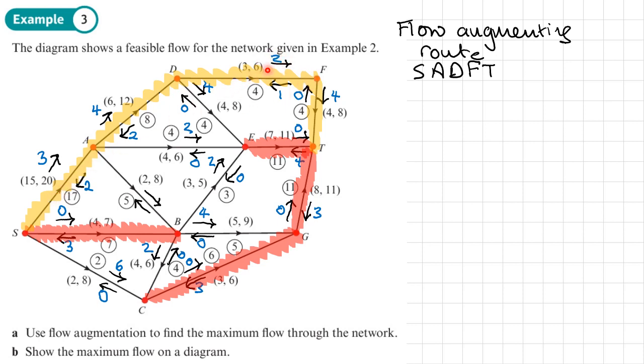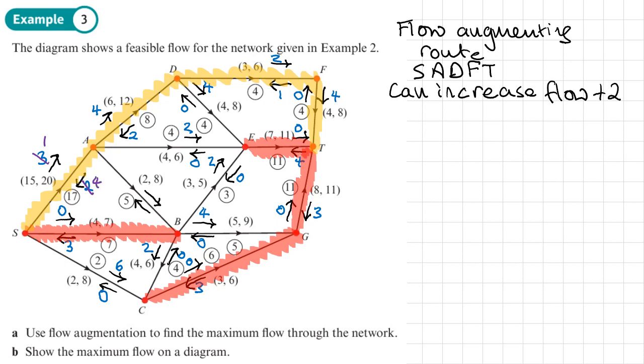So that's 2. So now let's relabel it, increasing the flow by 2. So if I can increase the flow by 2, that means that the 3 here means I can only increase by 1. That means that the flow back can now be increased by 4.